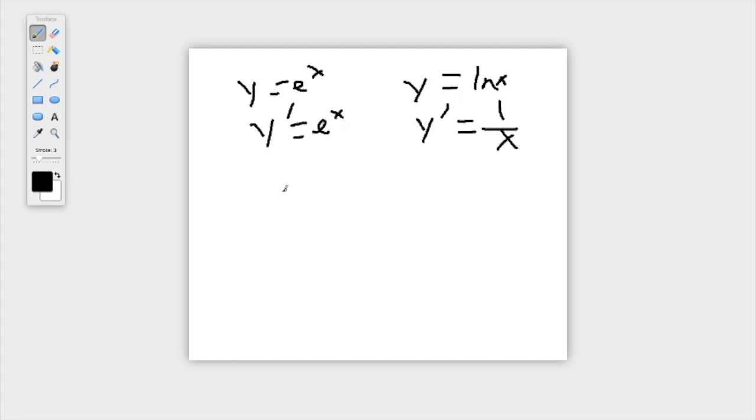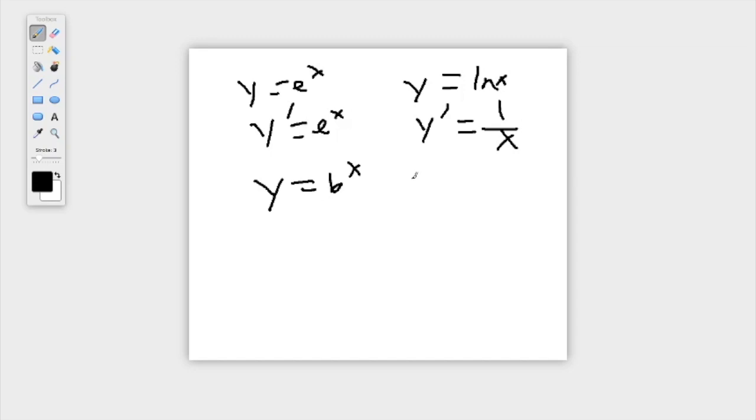But there are two other functions I'd like to talk about in this video. So there's y equals b to the x, where b is some constant. b could be 4, b could be 6, b could be any number, as long as it's not dependent on y. It's constant throughout the entire situation.